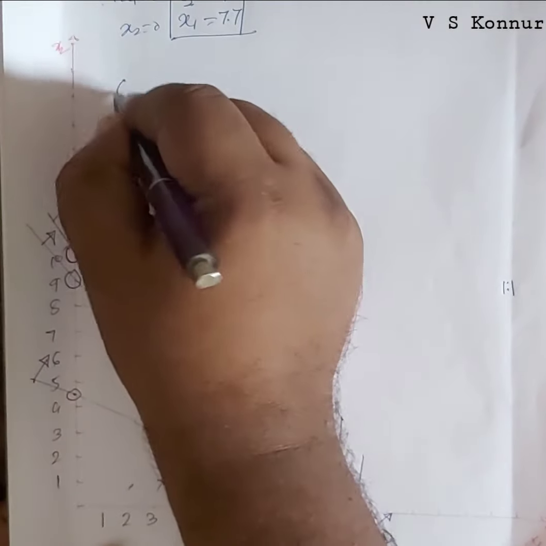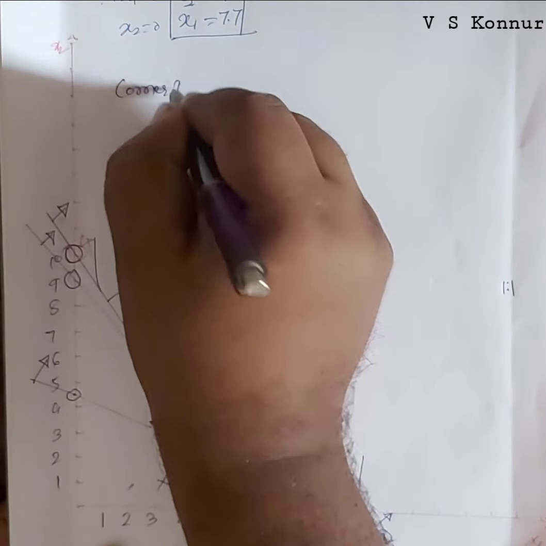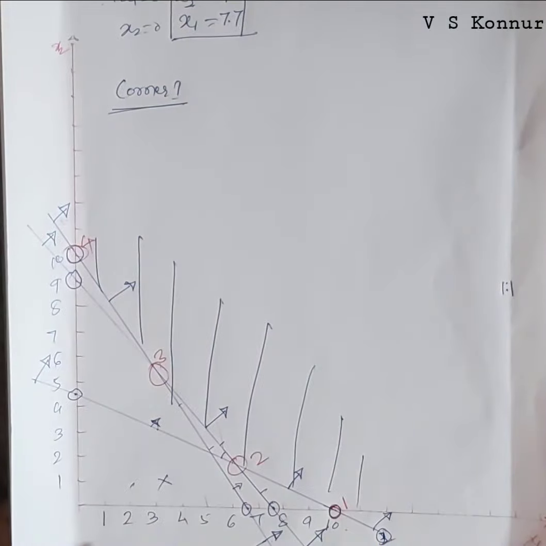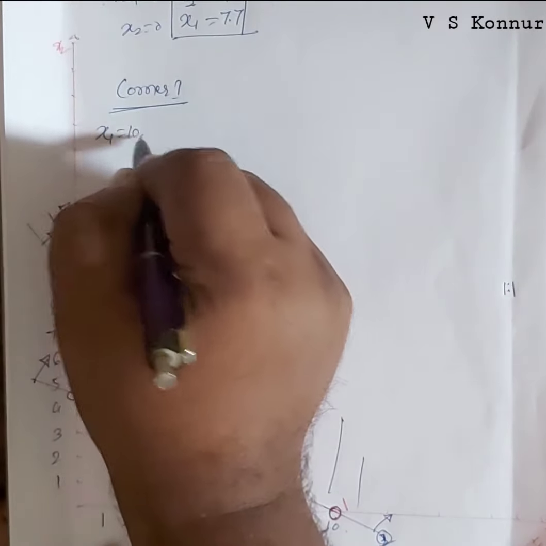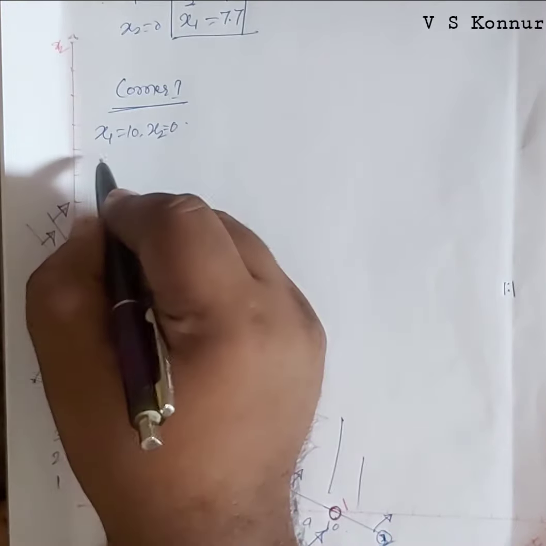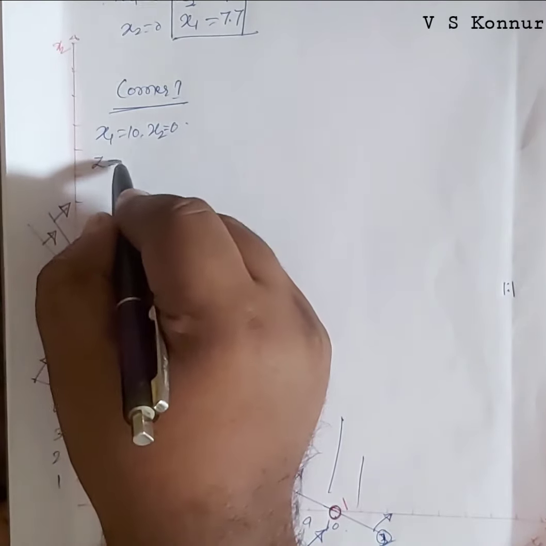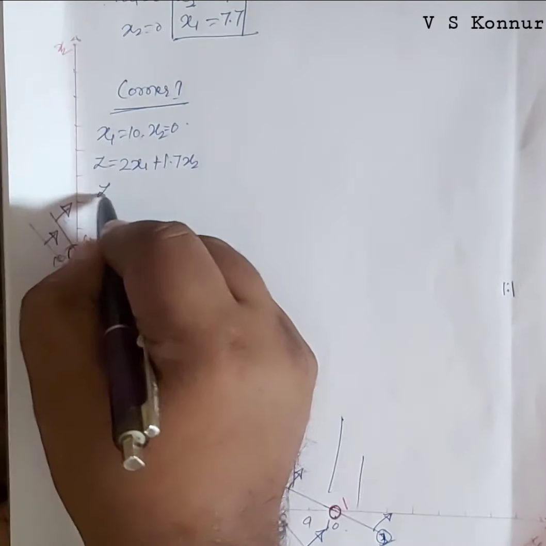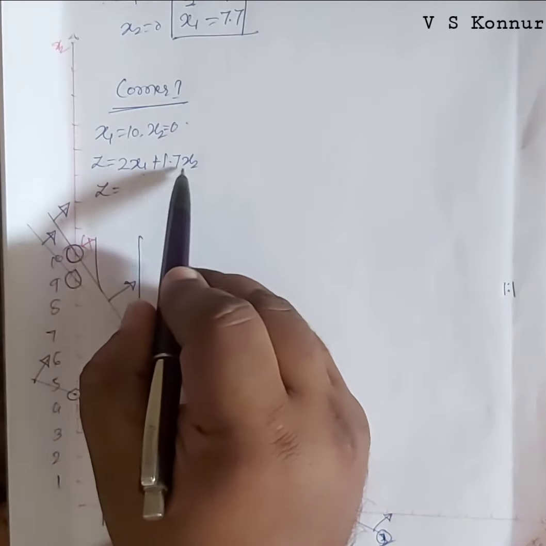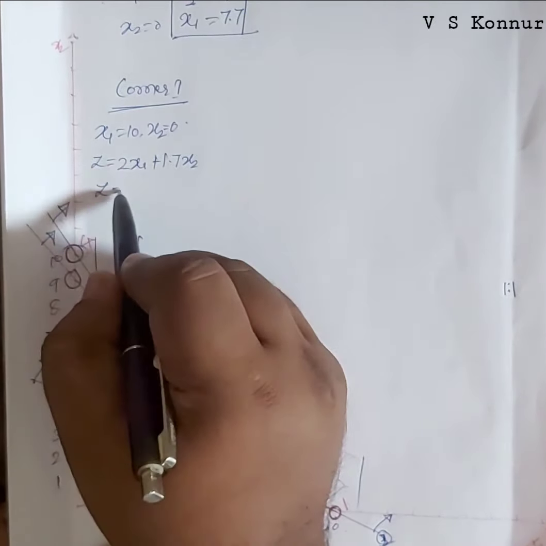Now we'll go for corner 1. So this is corner 1. So x1 is 10, x2 is 0. Put this in minimization of z, 2x1 plus 1.7 x2. So we'll get z is equal to 10 into 2, 20.